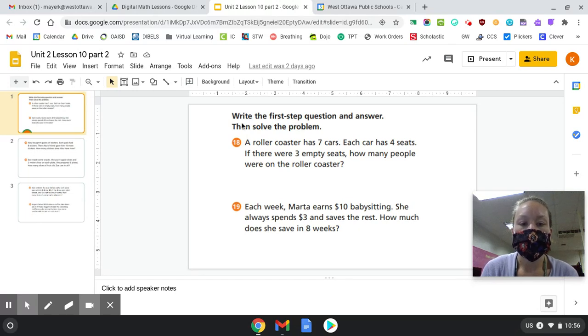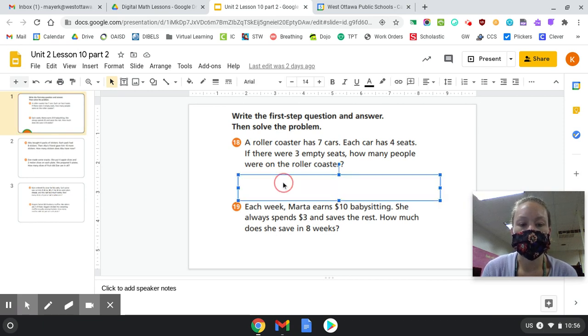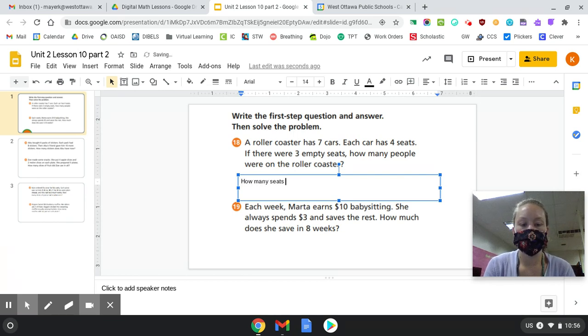So what we need to figure out first is how many seats there are total on this roller coaster. We know it has 7 cars and 4 seats in each car. So our first step question, which you're going to type right in here, is how many seats are on the roller coaster?